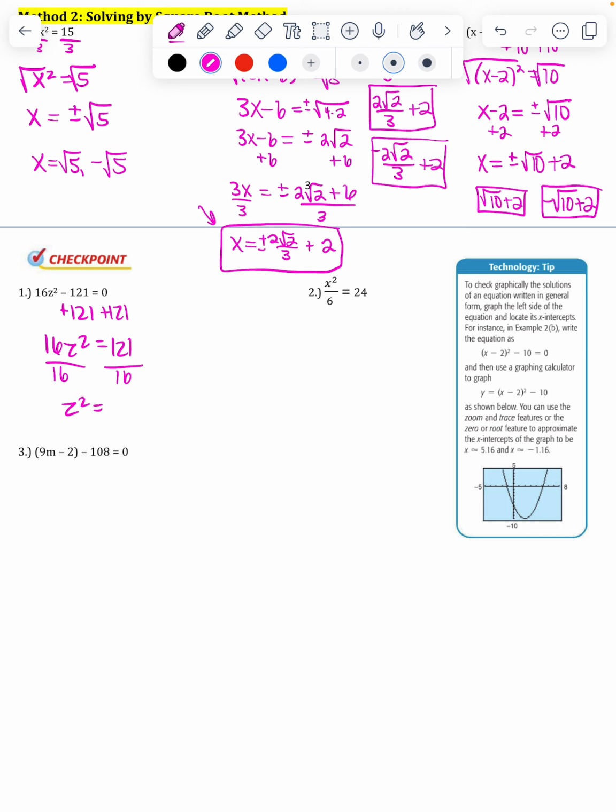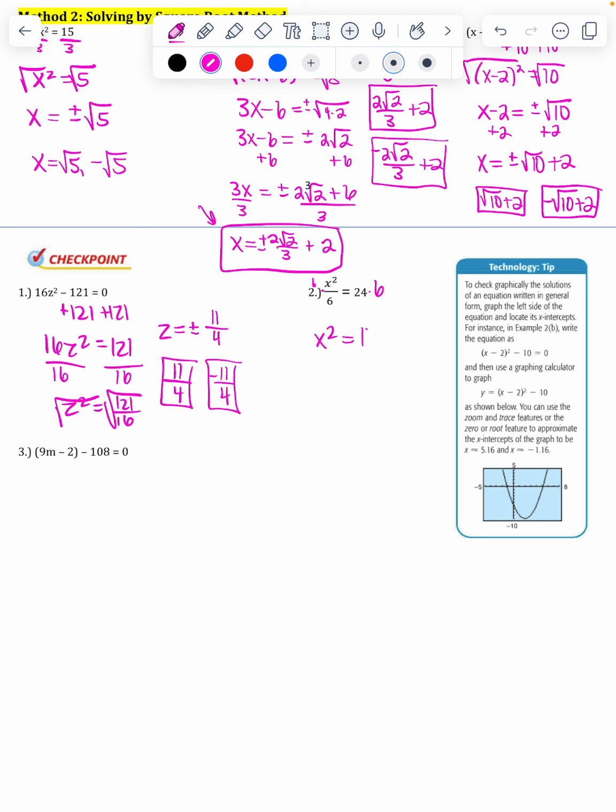I can take the square root of 121 over 16, so I get z equals plus or minus 11 fourths as my final answer, which means my 2 answers would be it crosses the x-axis at 11 fourths and negative 11 fourths.